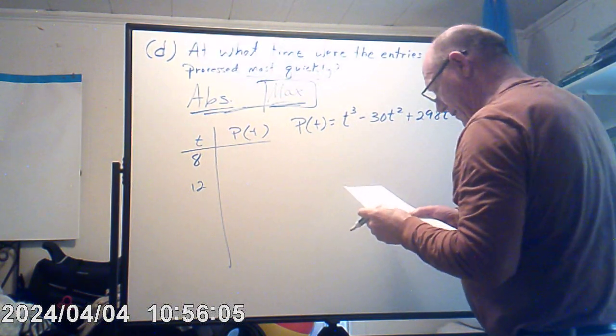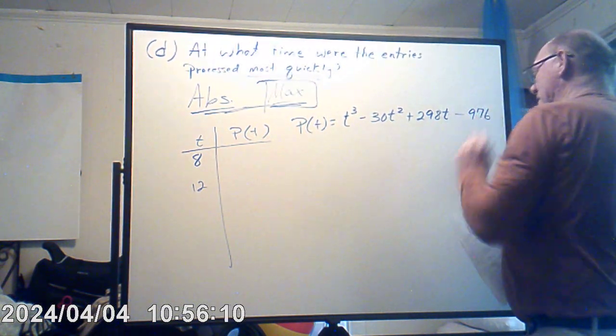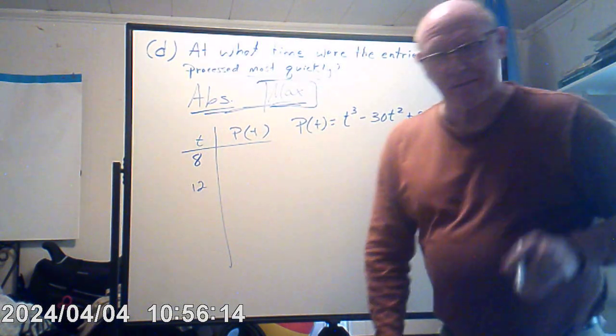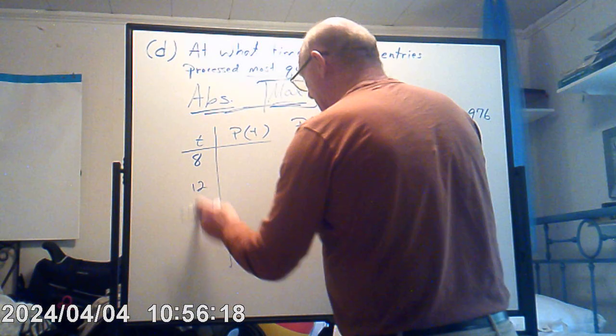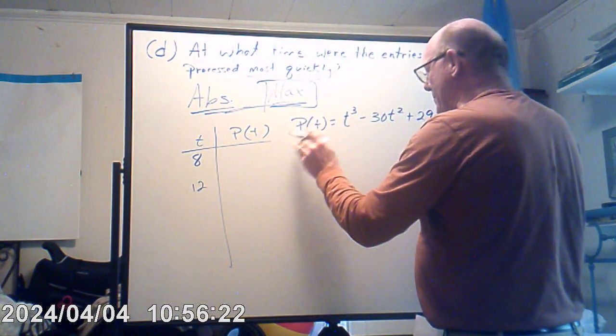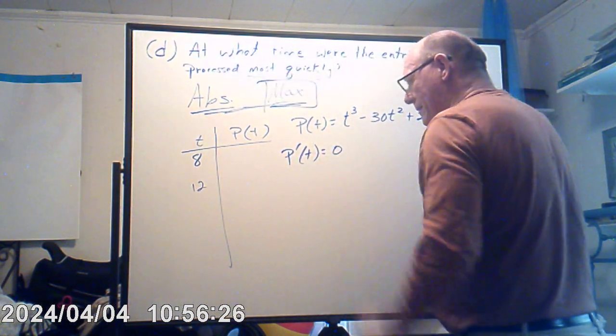And boy, I tell you, they wanted us to come up with a decimal. You're going to find that out in just a moment. Now, we need what we call critical numbers. So that means that P prime at T, the derivative of that, has to be equal to 0.